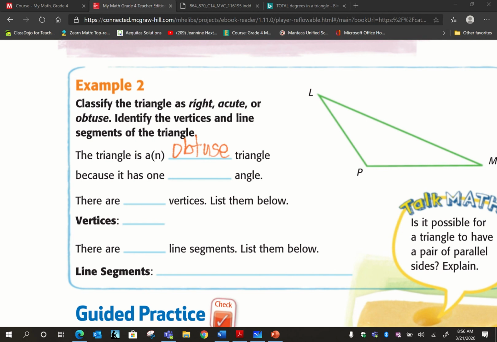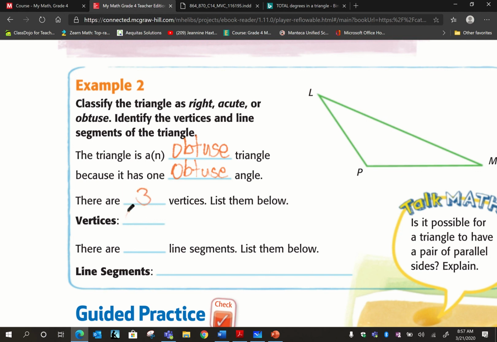The triangle is an obtuse triangle. It has one obtuse angle. It has no right angles, and it only has two acute angles, so it has to be an obtuse triangle because it has one obtuse angle. There are three vertices.